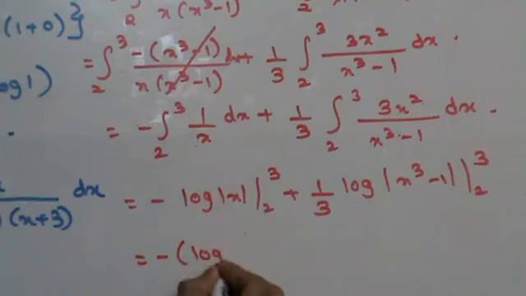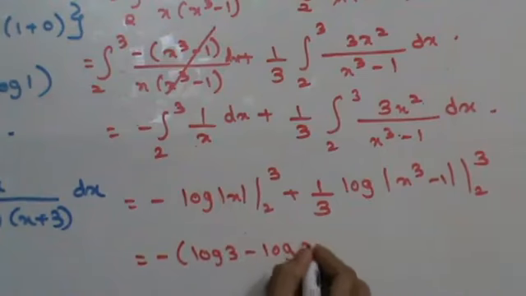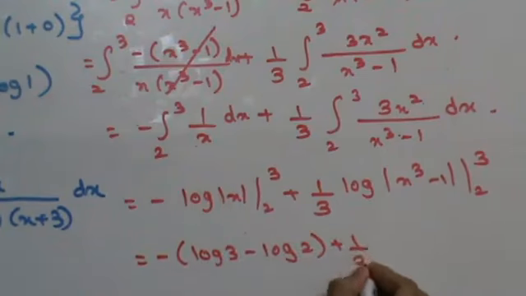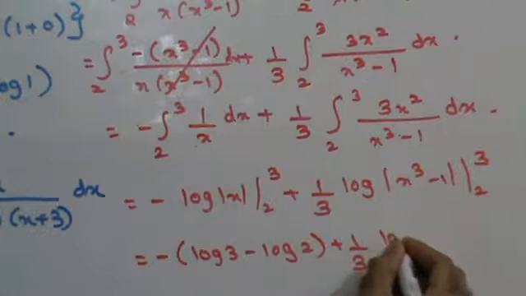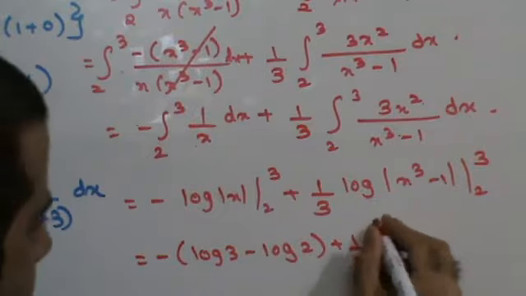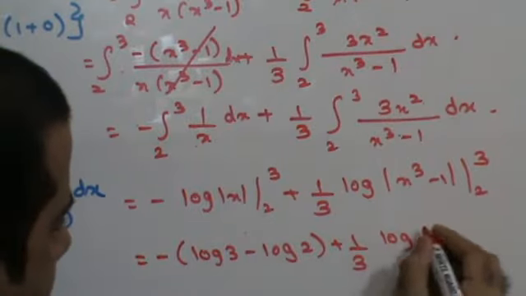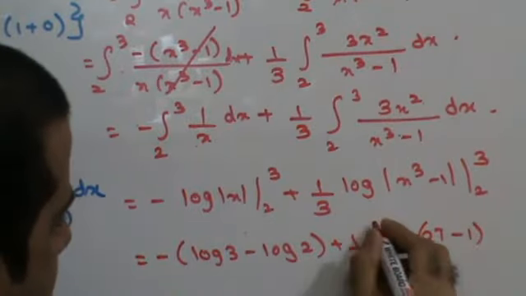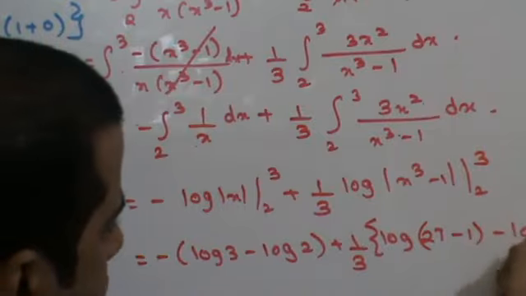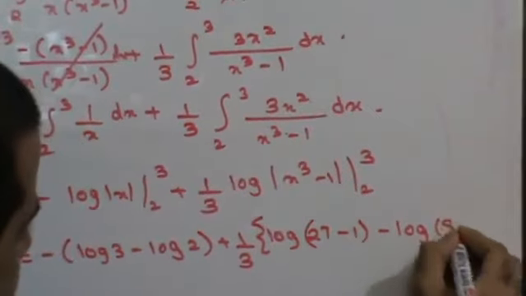So this will be log of 3 minus log of 2 plus 1 by 3. This is going to be log of 27 minus 1 minus log of 8 minus 1.